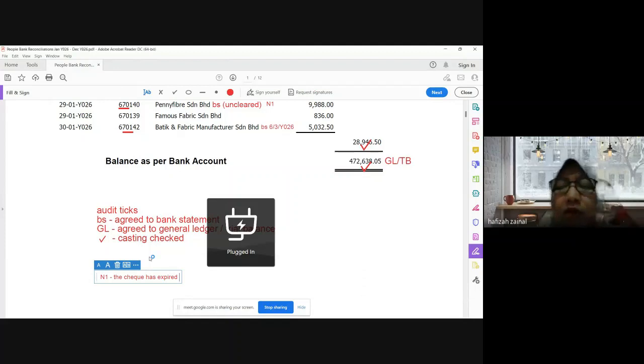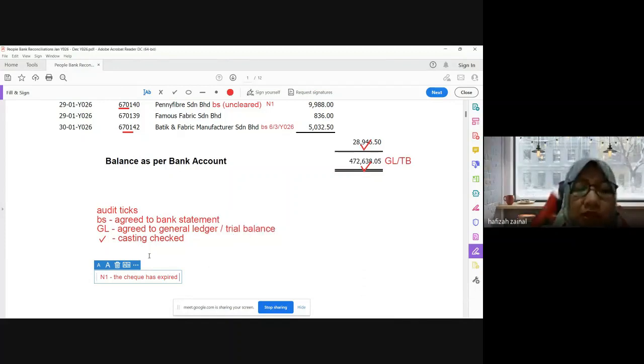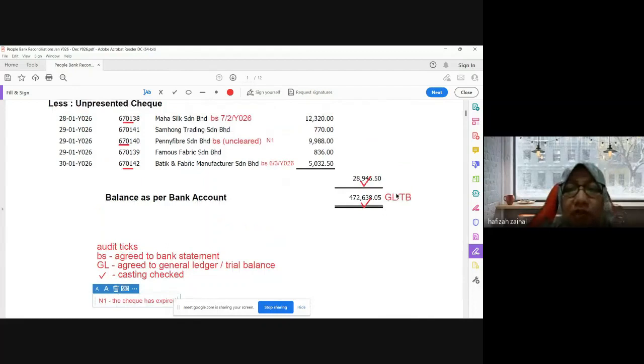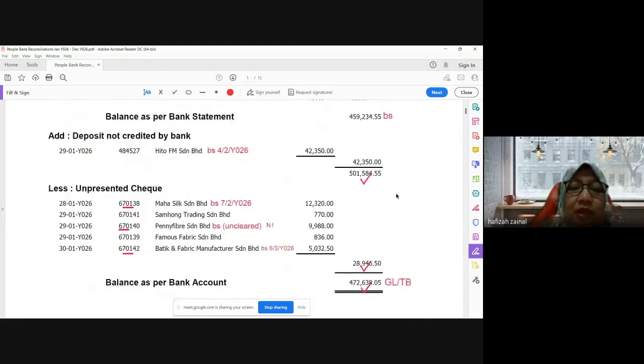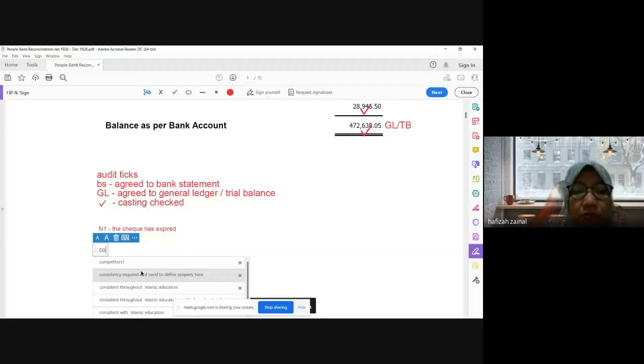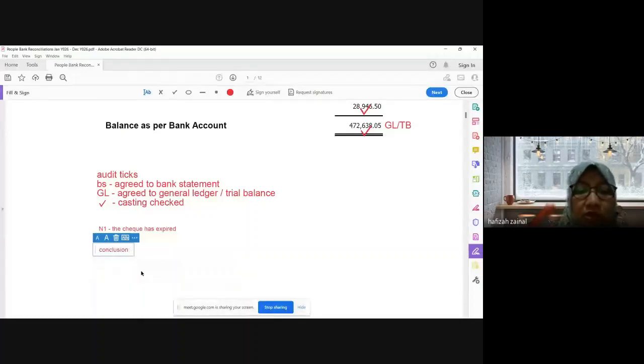That is with regard to the issues, if you have any. You just highlight them in your working paper. Other than that, if there is no other issue, everything is clear, and basically you can conclude. So for overall, for this section, the conclusion is that everything is fairly stated.